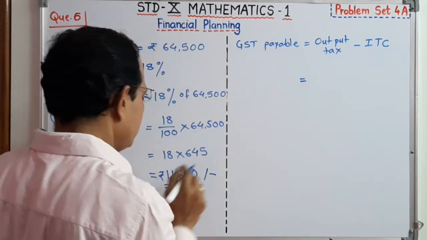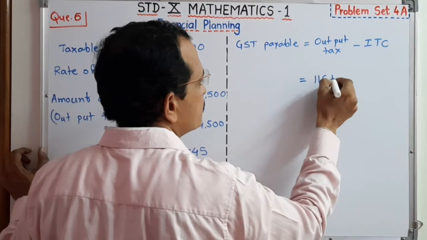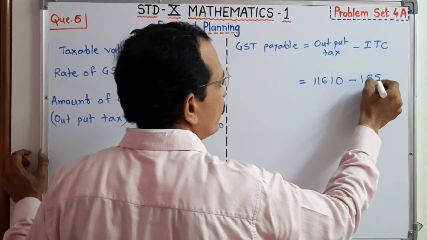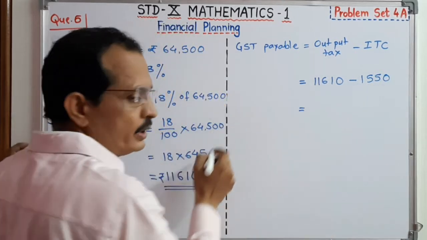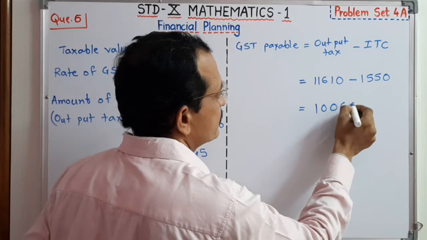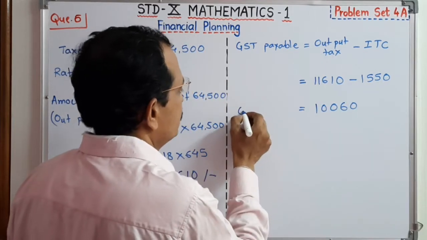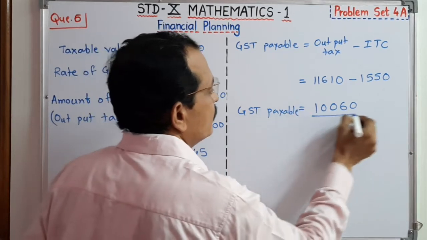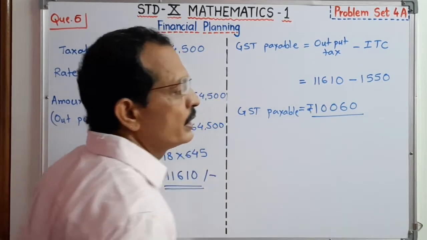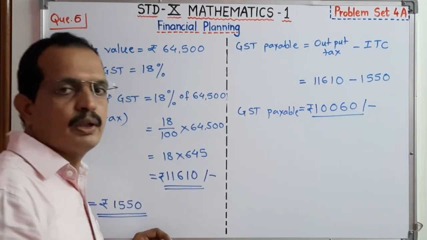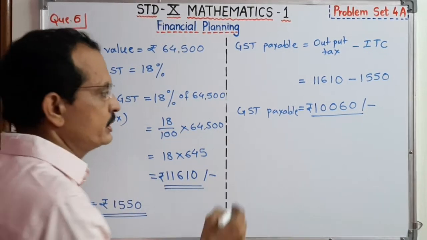Output tax is 11,610 minus 1550. If we subtract this, then it is 10,060. Therefore GST payable is 10,060 rupees.